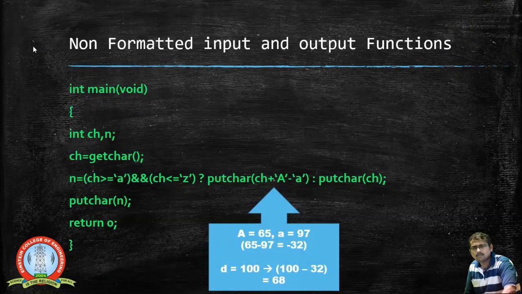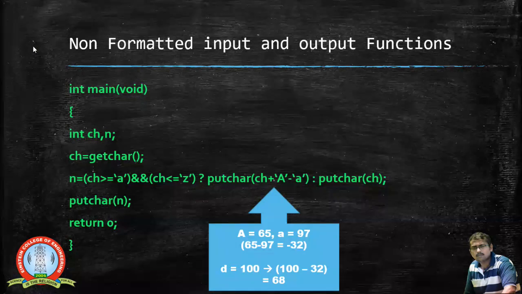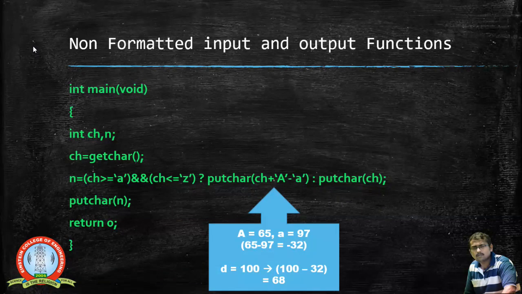Now let us see an example program, where this program is going to convert a lowercase character into an uppercase character. When you look into this program, it gets a character input, right?